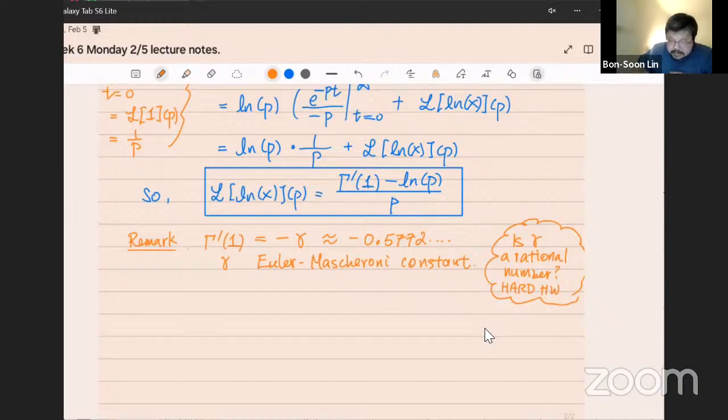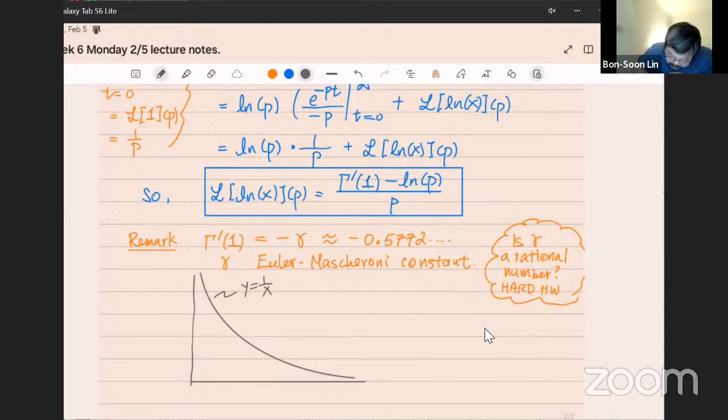Well, we don't know whether it's even a rational number. But what is this number, right? So why do we care? Well, this number is actually quite geometric. As it turns out, let me show you. If you were to graph out the curve 1 over x, say this is the function y equals 1 over x, and you find out where the numbers 1, 2, 3, 4, 5, 6 are, what you do with this curve is this.